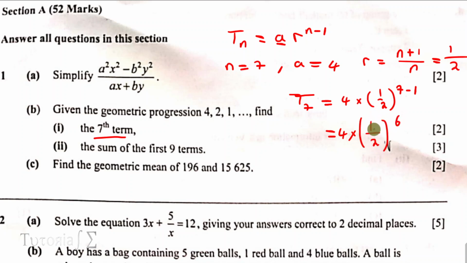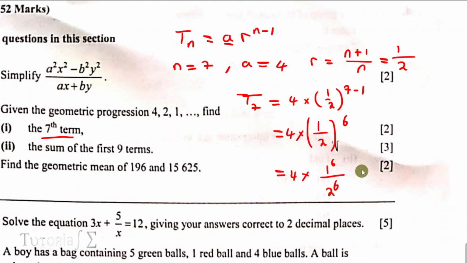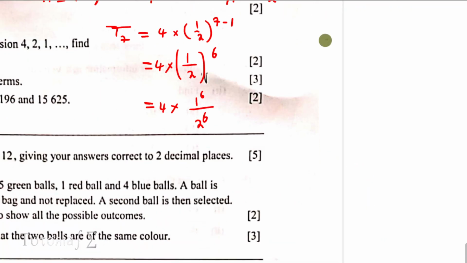Basically the power applies to both the numerator and the denominator. So this would be 4 times 1 to the power 6 over 2 to the power 6. This simplifies to 4 times 1 to the power 6, which is just 1, over 2 to the power 6, that's 64.